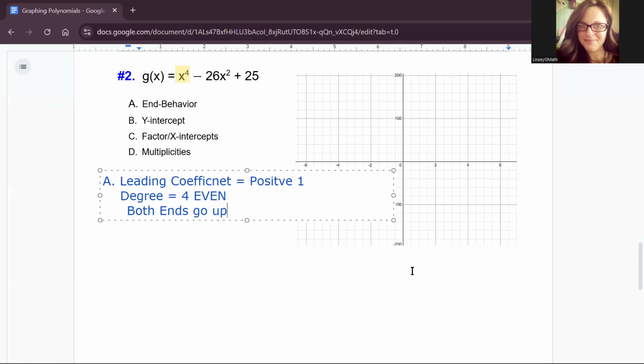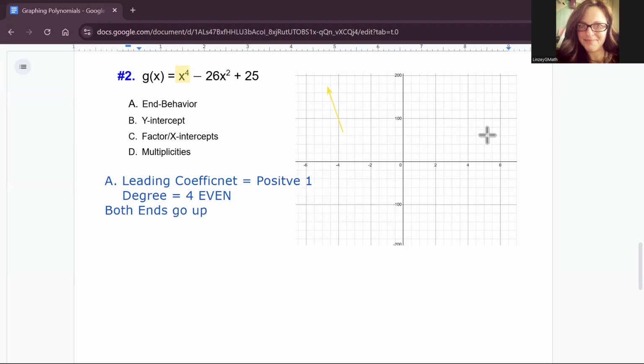Up on the left, and up on the right. Our y-intercept is the constant term, 25. If you substitute 0 in for x, you do get 25 for the y value. And we'll graph that right about there, our y-intercept at 25.